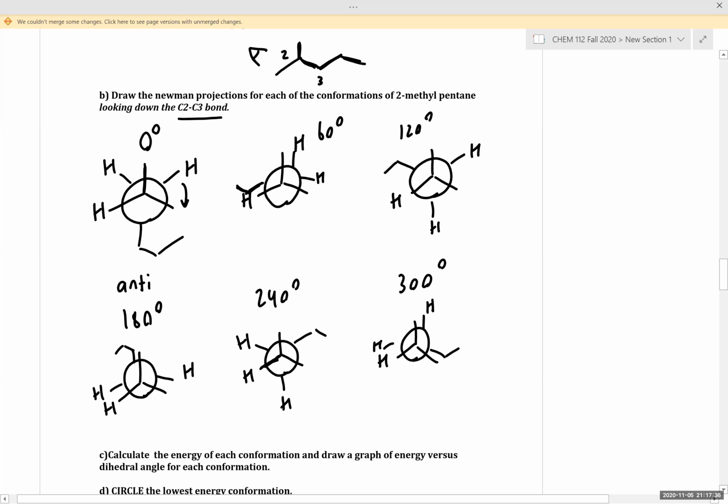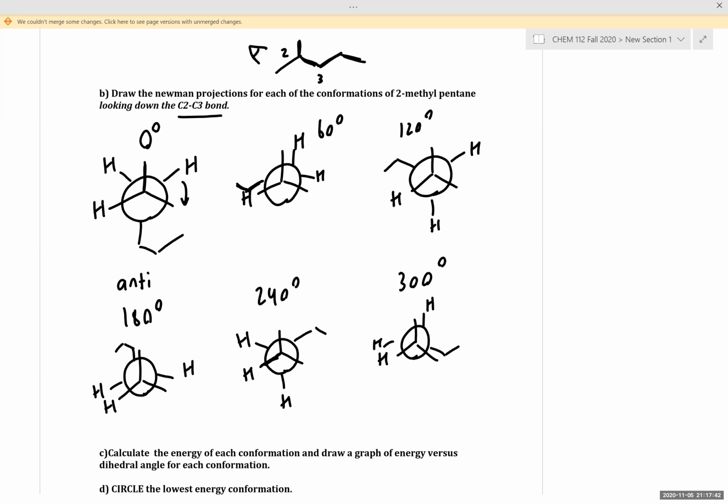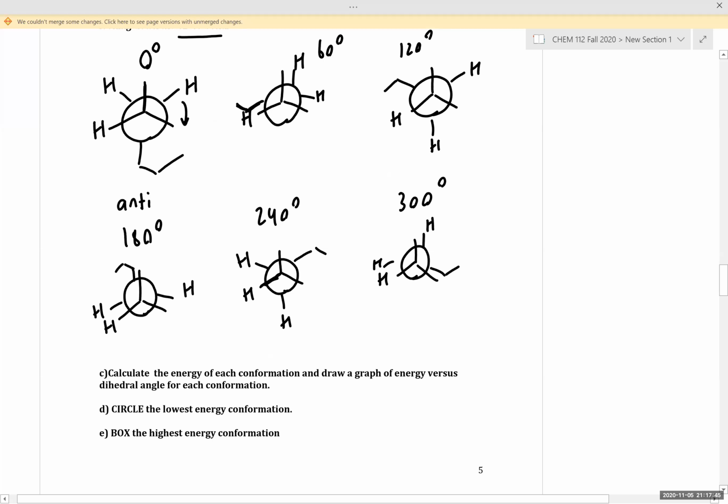Now that we have our angles set up, and we've drawn out each of our Newman projections, we're going to calculate the energy of each conformation and draw a graph of energy versus dihedral angle.